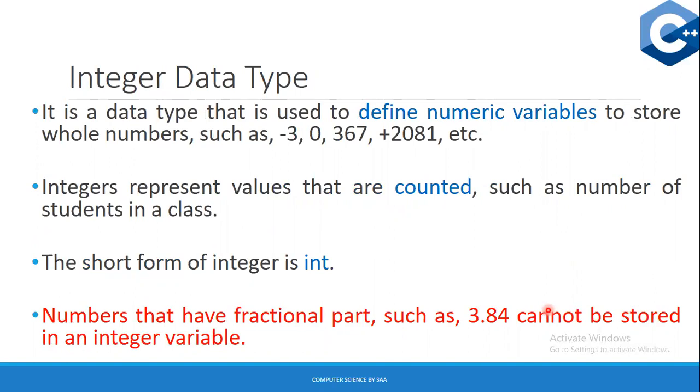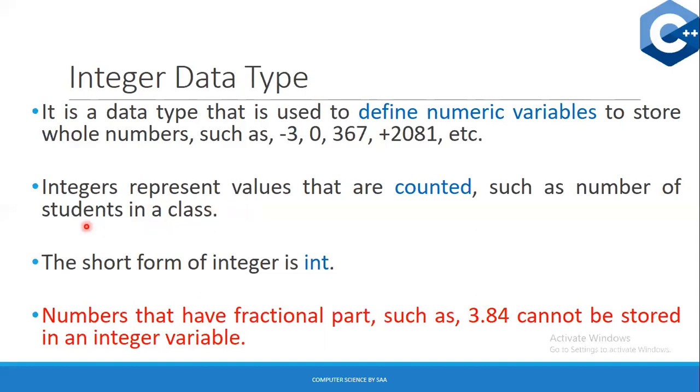First of all, the integer data type. It is a data type that is used to define numeric values to store whole numbers, such as negative numbers and positive numbers. But here you need to notice that these numbers are whole numbers, not decimal points. Integer basically represents the values that can be counted, such as the number of students in a class.